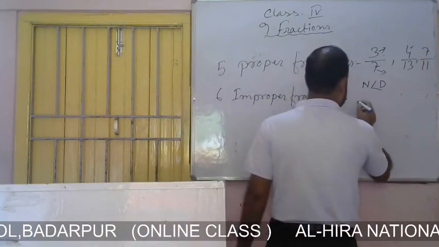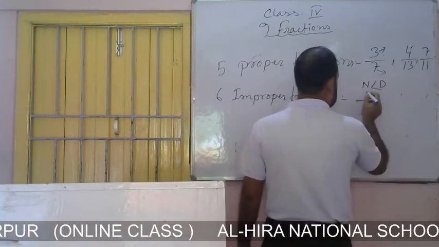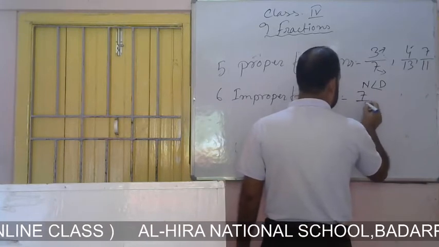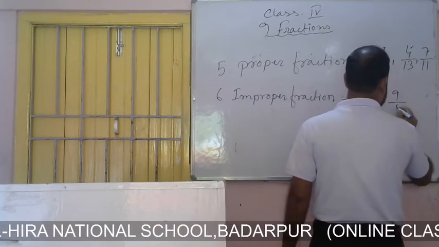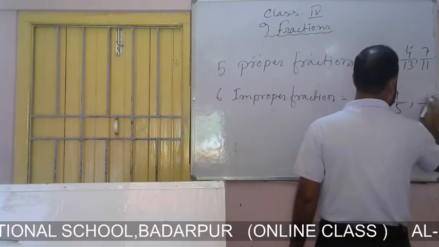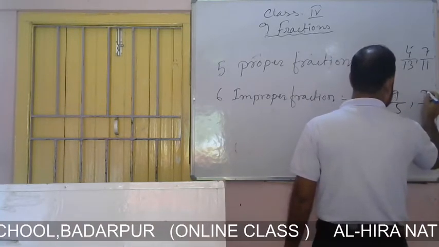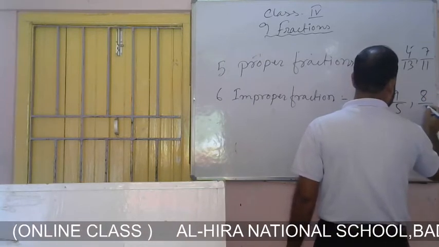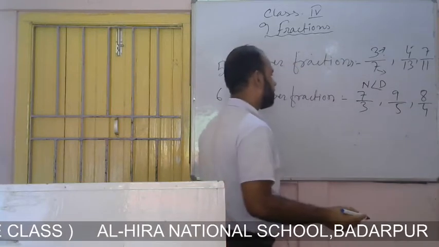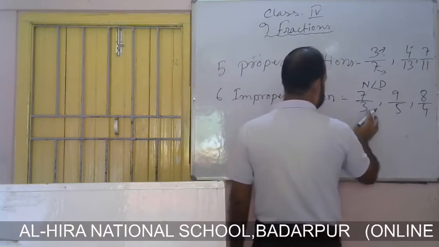For example, 7 by 3, 9 by 5, 8 by 4. So here we get 7 by 3.